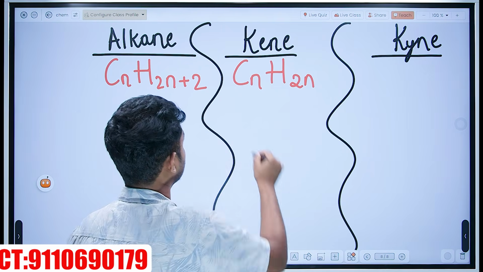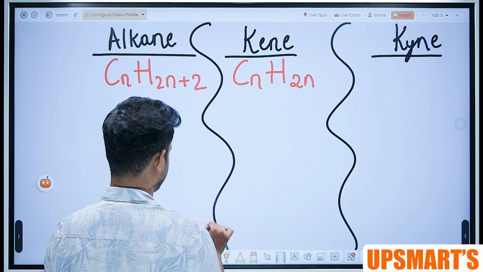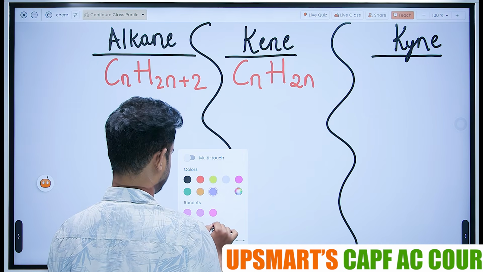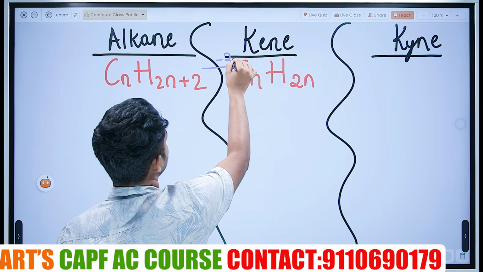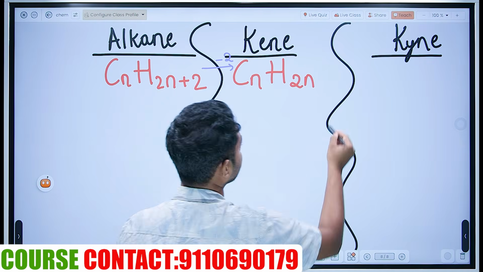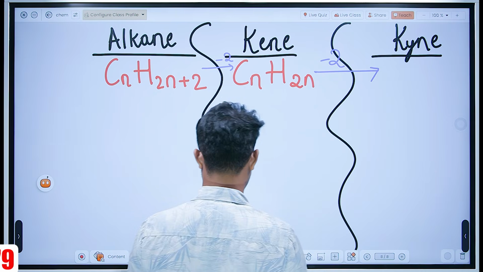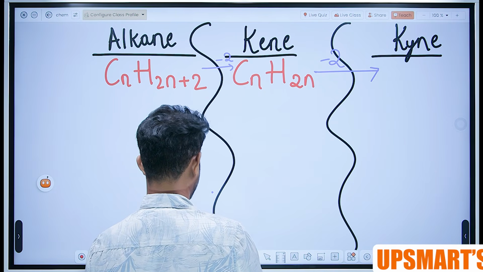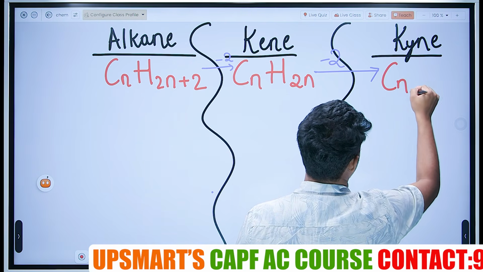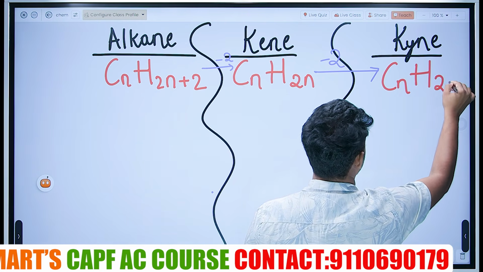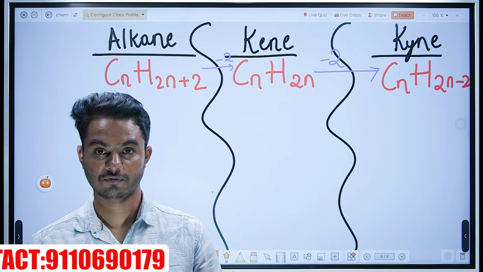Again minus 2 gives CnH2n-2, which is the alkyne formula.